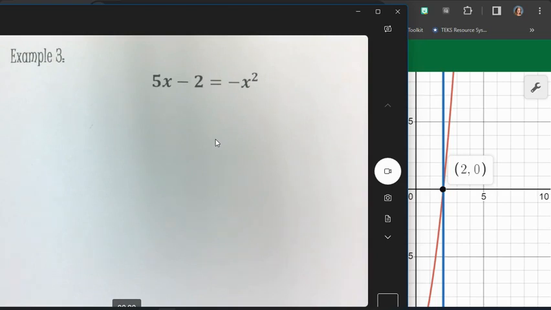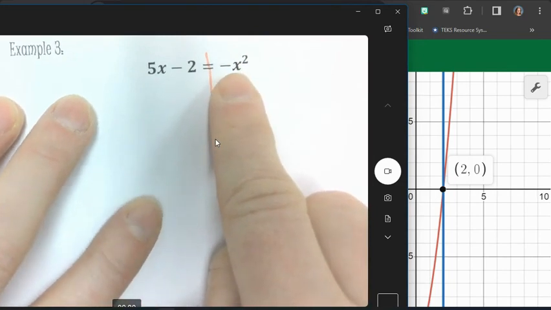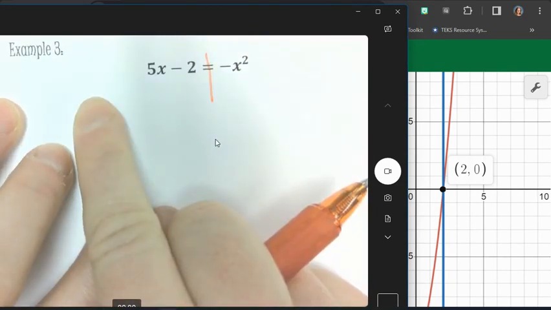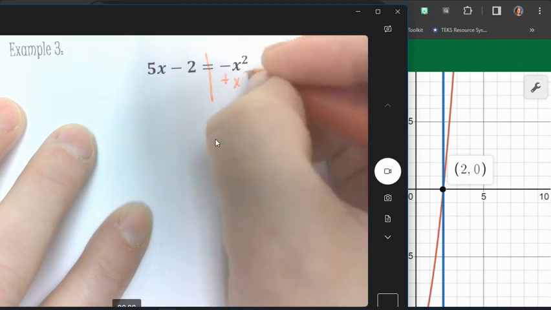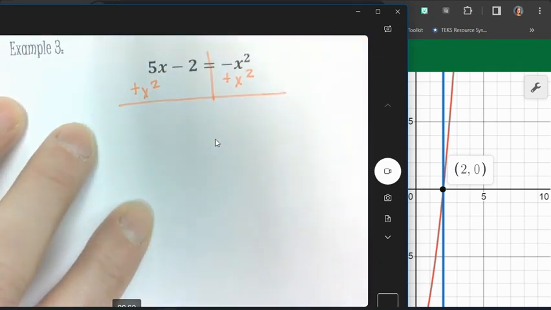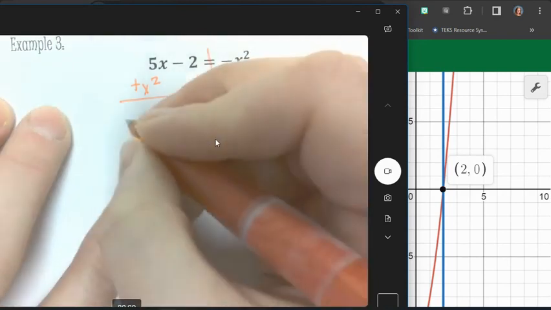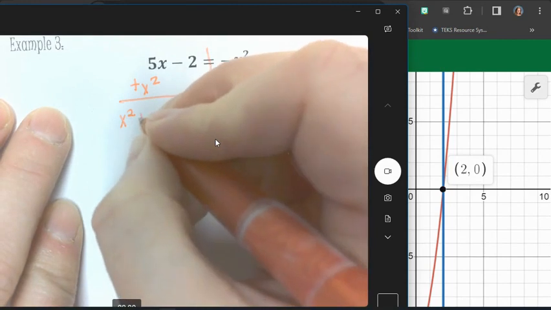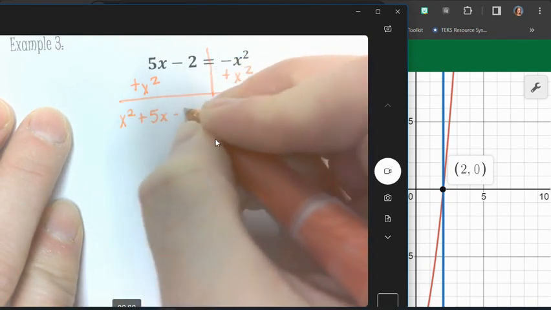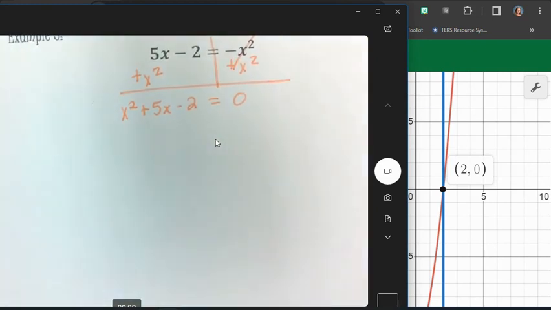So we've got to make it say equals 0. So really, all we're doing is moving this -x squared to the other side. So we're going to do plus x squared, which you can't actually combine it with anything. So we want it all on one side. So it's x squared plus 5x minus 2 equals 0.